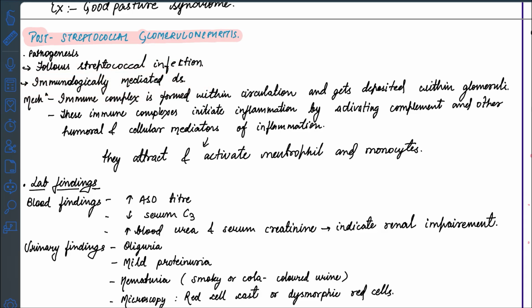It is an immunologically mediated disease. Mechanism: immune complex form होता है within the circulation जो कि glomeruli में जाकर deposit हो जाता है. And this immune complex initiate करता है inflammation by activating the complement and other humoral and cellular mediators of inflammation.